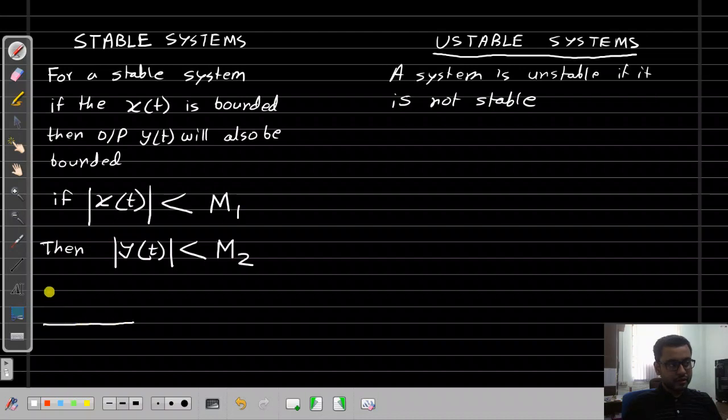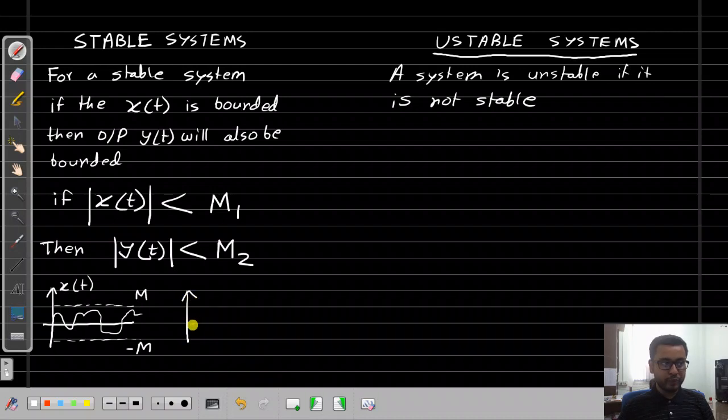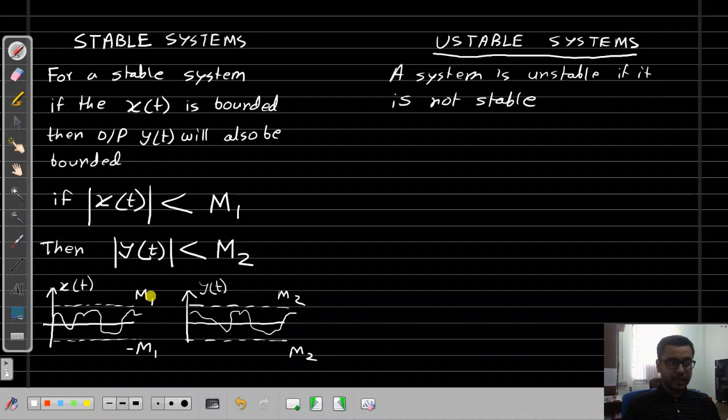So if the input x of t is always within a range of say plus minus m, this m can be any number, large or small, but if there exists such a number that x of t never crosses, then for a stable system there will also be another number m2 such that the output y of t is not going to cross this limit m2. m1 and m2 could be different in general, small or large, but there should be such a bound.